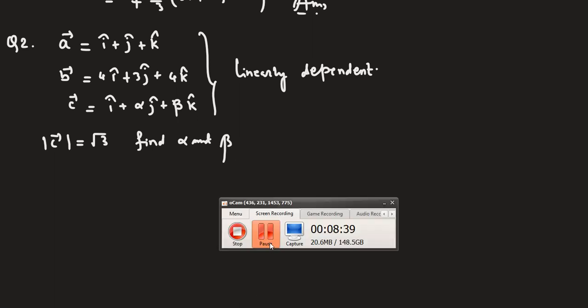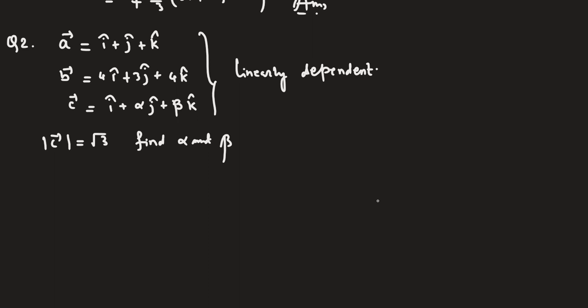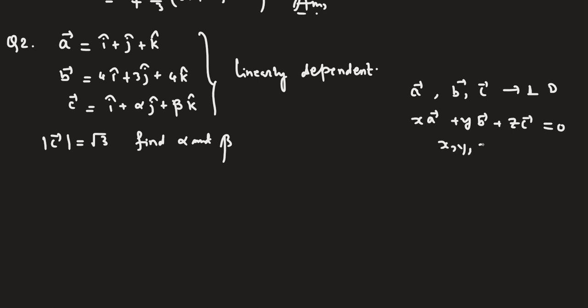Okay, now since here the vectors are linearly dependent, we have the concept that if we have the vectors A, B and C, and they are linearly dependent, then we are able to find the scalars x, y and z so that xA plus yB plus zC is equal to 0, where x, y and z are not all 0.